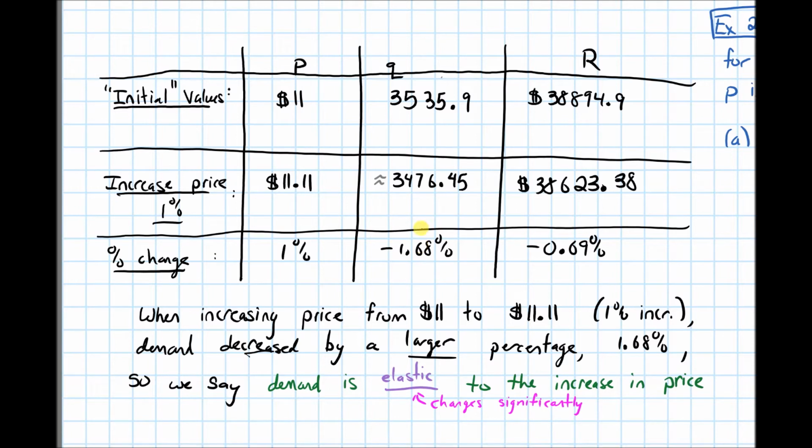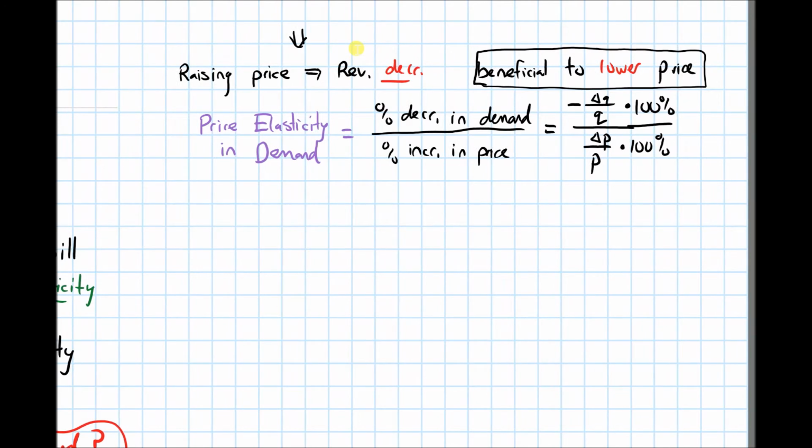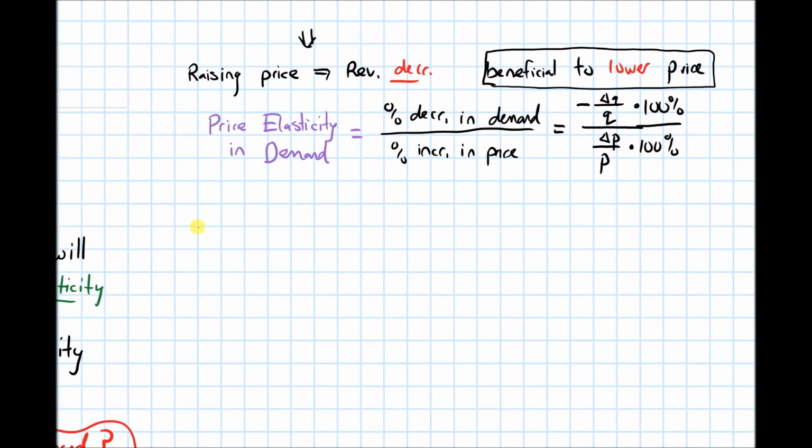Okay, so if we go back up to where we were defining this elasticity, as we just saw on the table, the percentage decrease in demand needs to be a positive number. And when we don't have this negative sign, the numerator right now is going to be a negative value because the demand is dropping. So because we're talking about the percentage decrease, we need to make that negative a positive. So we put another negative in front of it. Okay, there we go.